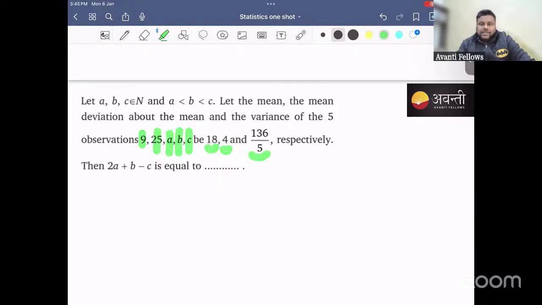Then 2a minus b minus 2a plus b minus c, they are asking. Would you like to give it a try? Go quickly. Take 1 minute.